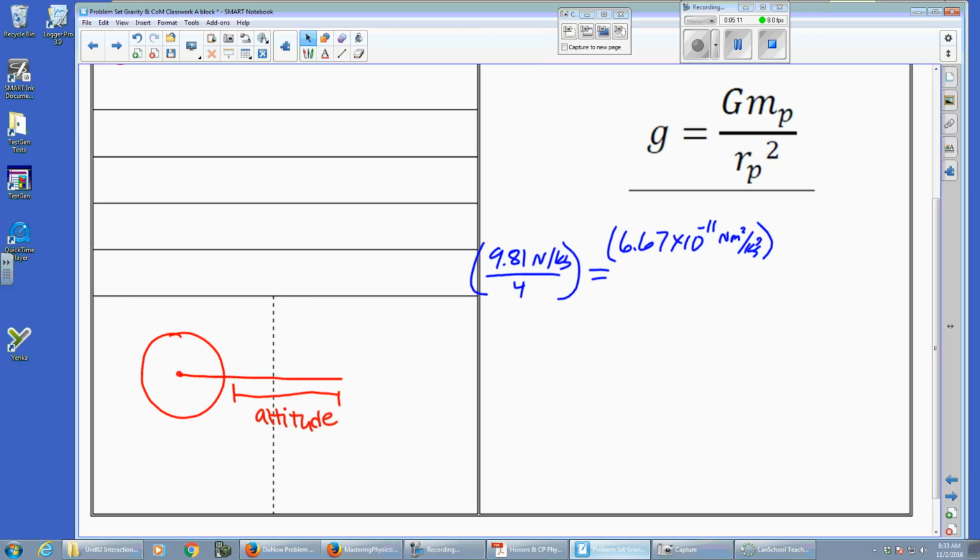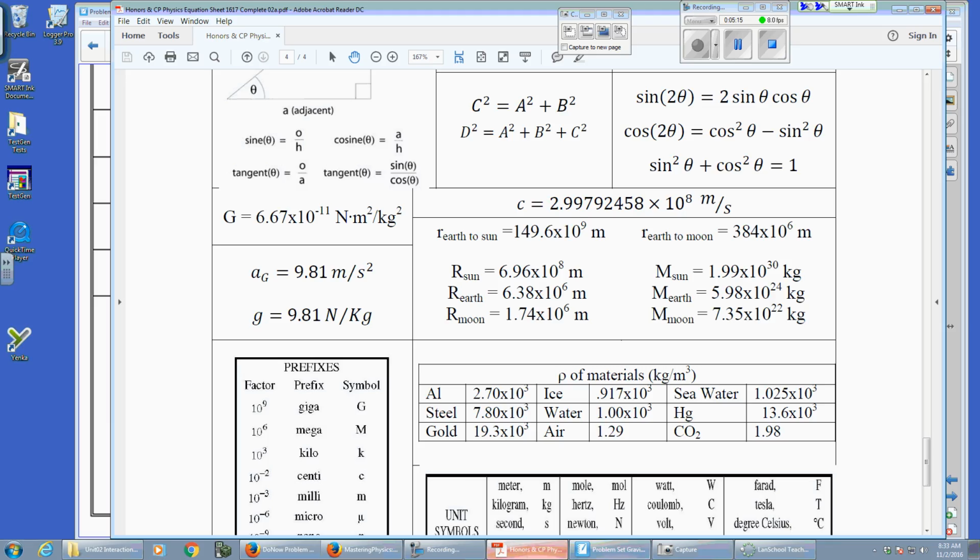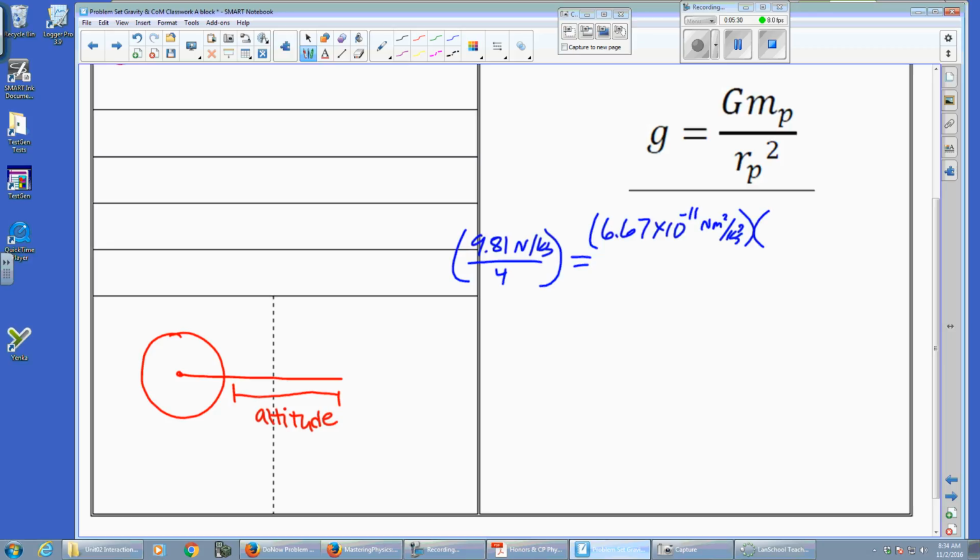Let me move this stuff over. Mass of the planet. The planet they're asking about is Earth. And I have mass of the Earth right here, 5.98 times 10 to the 24 kilograms. Most common mistake on these type problems when we have scientific notation is people don't know how to use their calculator and they end up with the wrong order of operations. So make sure you know how to use your calculator or you take precautions against that.